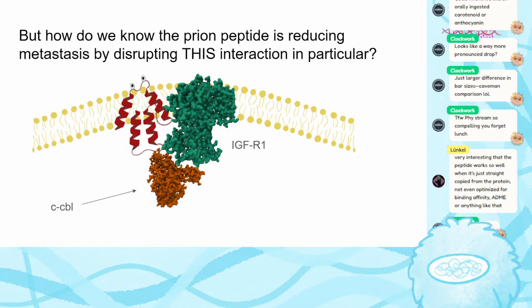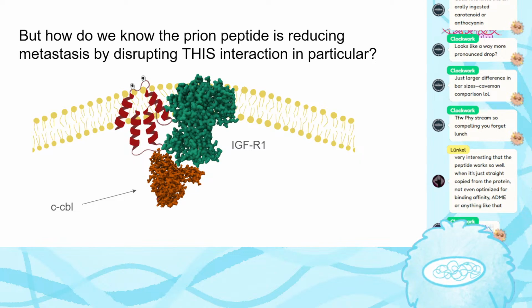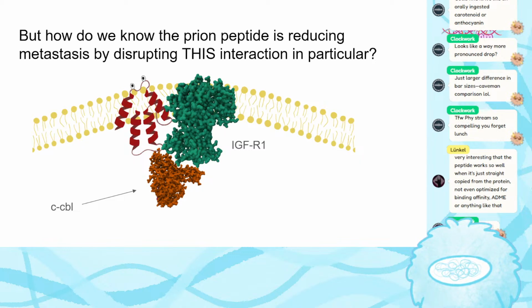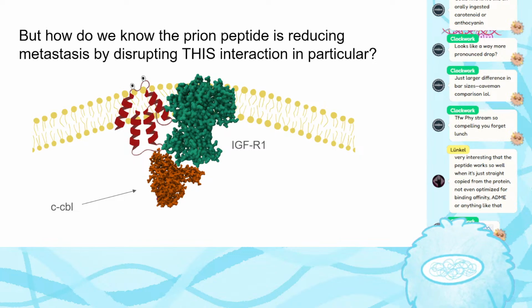Can we connect directly the peptide to this breaking up of the interaction all the way to stopping metastasis in melanoma? Are all of those chains unbreakable? Yeah, kind of a hard question to answer.